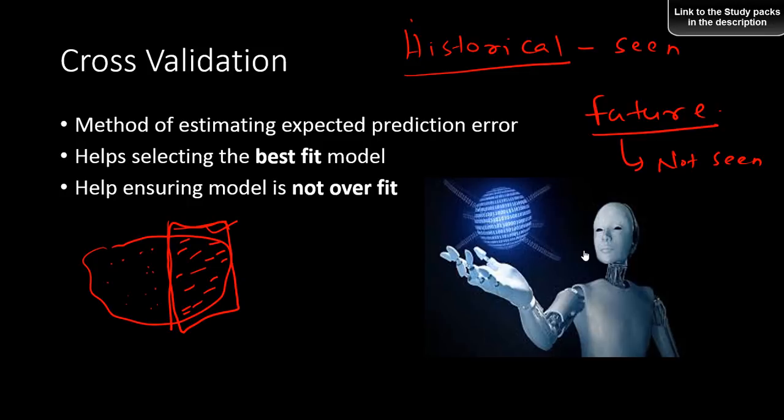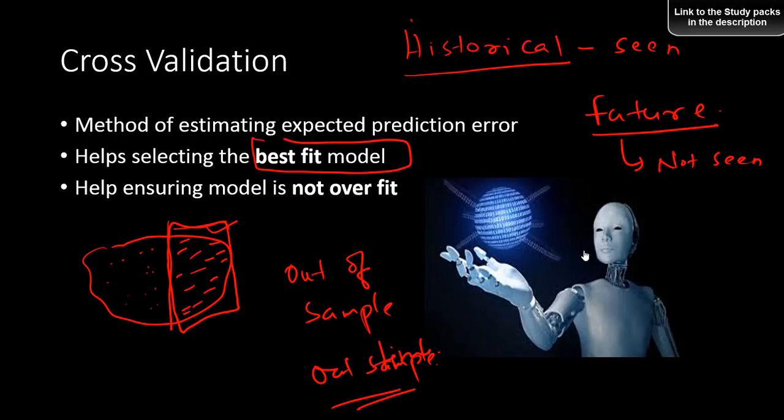It need not be the same data set, it could be data from a different time period also, but it has to be out of sample or out of time, that means different sample or different time. It helps in selecting the best fit model. The best model that we choose has to be well validated.